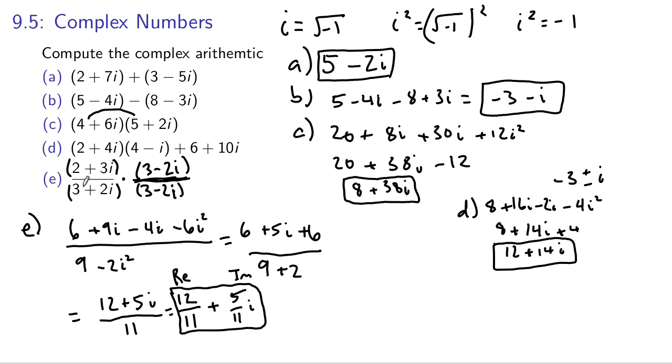When you multiply a complex number by its conjugate, you're going to get a real number because the first is a real number, the outer and inner go away, and the last becomes a real number because you have an i squared, which is a real number. And so that will give us a real number in the denominator every time.